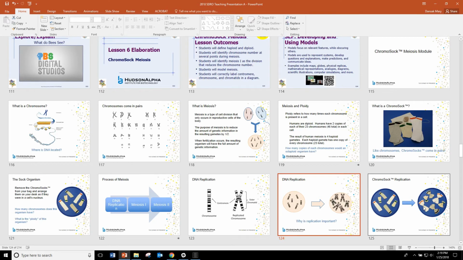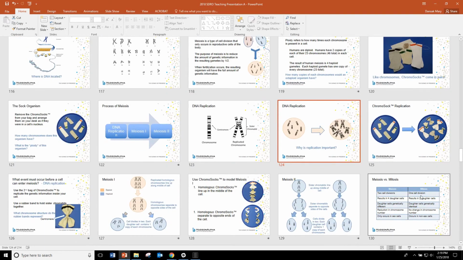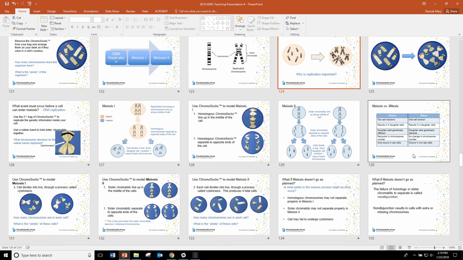The rubber band is your centromere. But again, it's very important students call this one chromosome. Yeah, we know it's two socks, but let's not go there. Students use the socks and go through step by step with the worksheet in their book through the steps of meiosis 1 and meiosis 2.